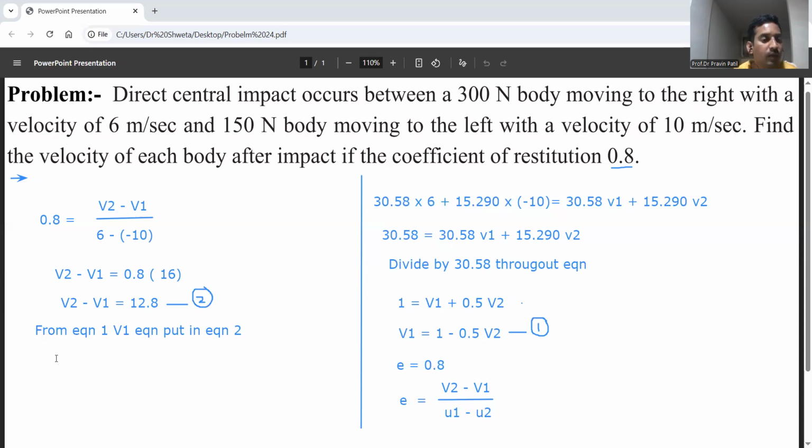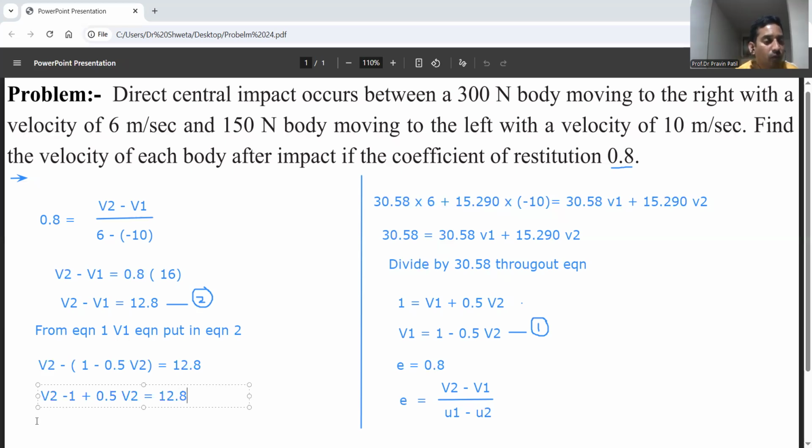So put it here: V2 minus, in bracket, V1 value, which is 1 minus 0.5 V2, is equal to 12.8. Just solve this equation. V2 minus 1 plus 0.5 V2 is equal to 12.8.